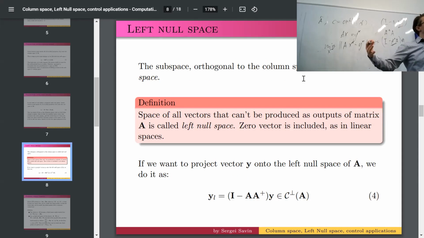If the vector cannot be produced by the matrix, then it better be true that its projection onto the column space of A would equal b0. So that's how you test. Do you want to test that the vector is in the column space? You can say that its projection onto the left null space is zero. Oh, by the way, I think I have writing below that people can see. Sorry. All right.